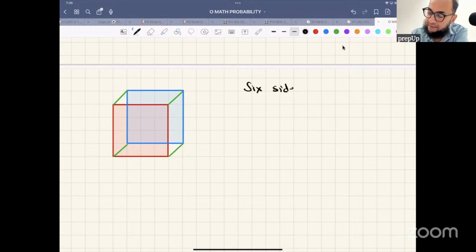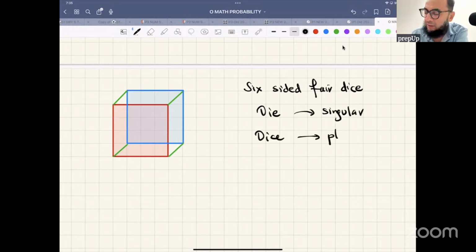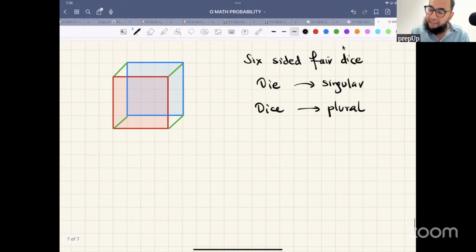6-sided fair dice. Now keep in mind, a die is singular, whereas the word dice is plural, but things happen, we mix up the things. So I can use the word die or dice. There are 6 faces and a little bit of mensuration over here on which I'll be working very soon.